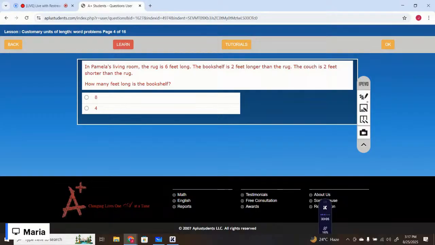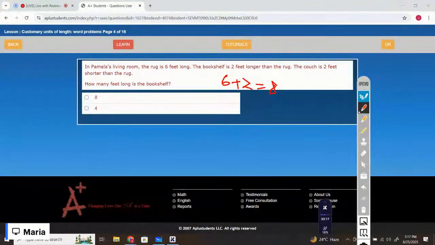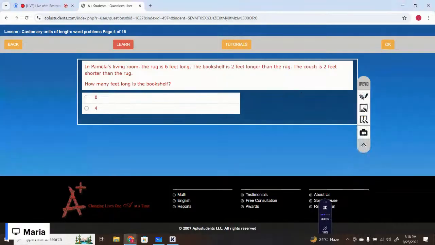The bookshelf is 2 feet longer than the rug. Correct option, it would be 8 feet long. That is the 8 option.